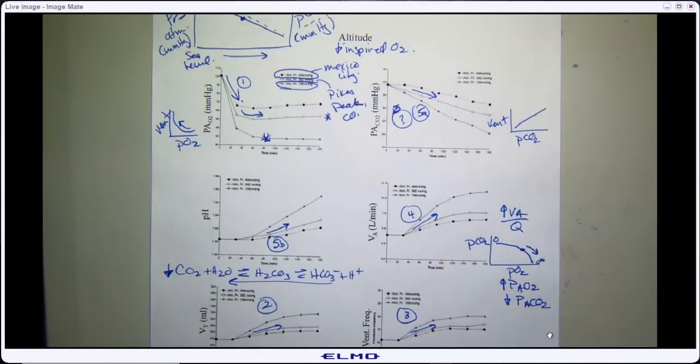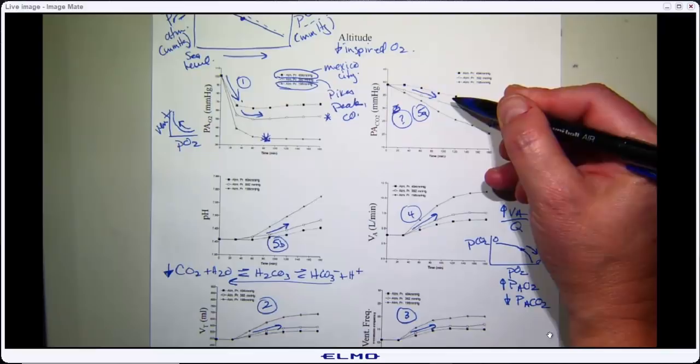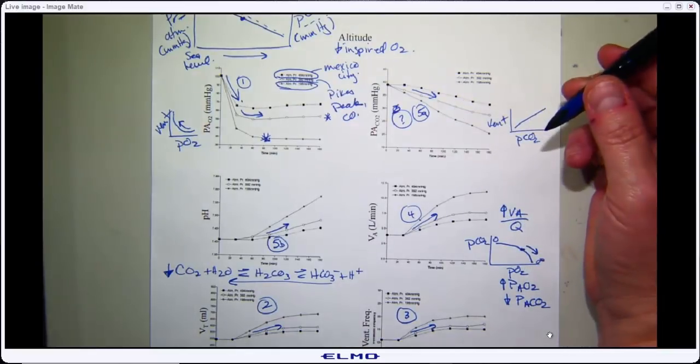Wait, yeah, we have a decrease in CO2. So how is that decrease in CO2 going to change ventilation? What's it going to do?